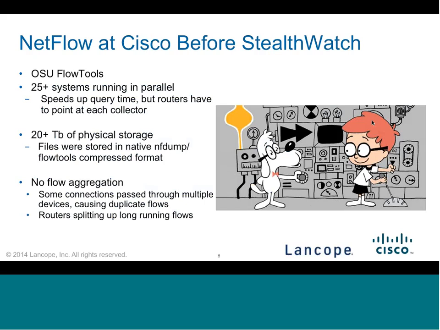It's a lot of physical storage, and also we didn't have any ability to really do flow aggregation or deduplication. So again, that adds to the problem of how much storage you're going to need to store the amount of flows that we were talking about. So it was workable for some time, but this was kind of what pushed us to look elsewhere.